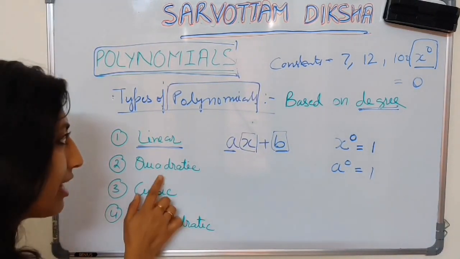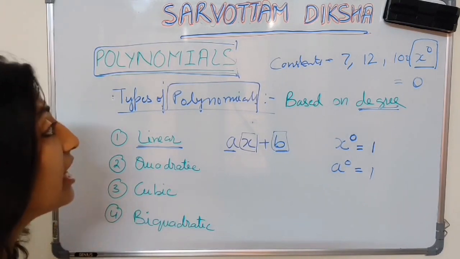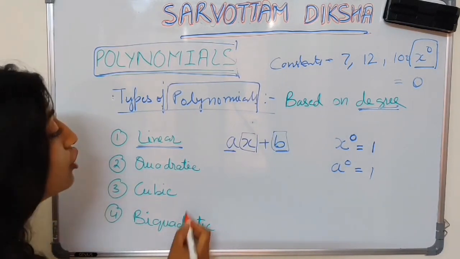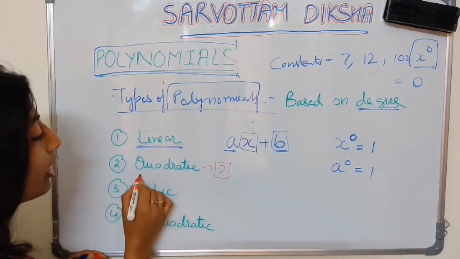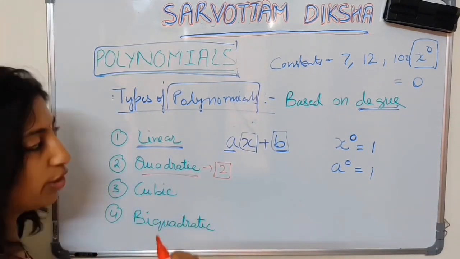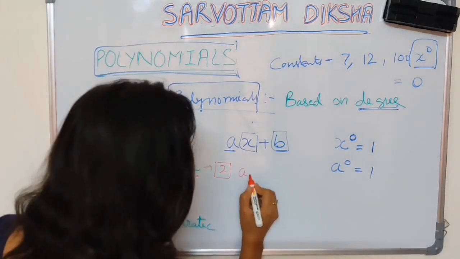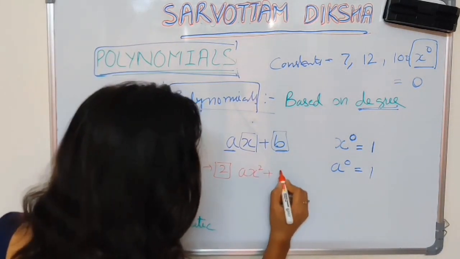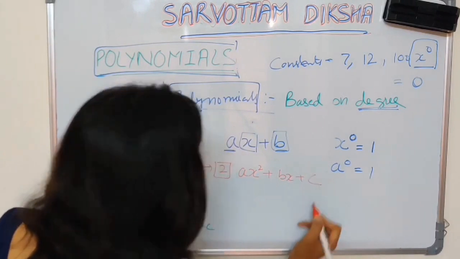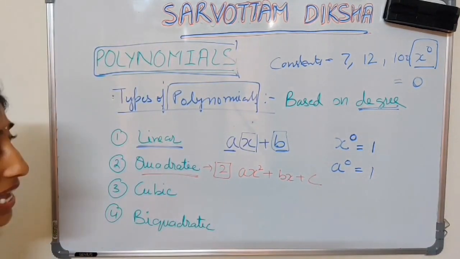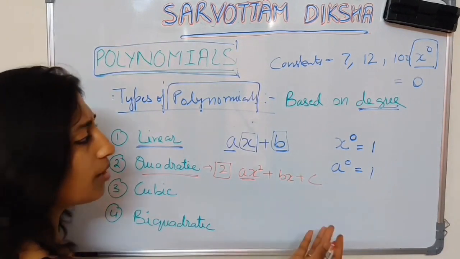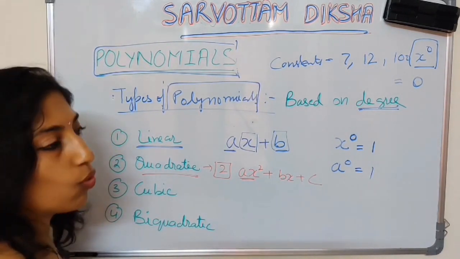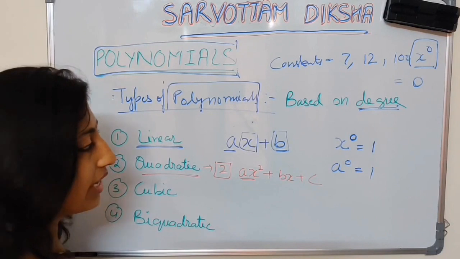Quadratic polynomial. When degree of polynomial is 2, we call it a quadratic polynomial. The standard expression will be ax^2 plus bx plus c. Why? Maximum degree can be 2 only. So there can be 2 more terms which are lesser than 2, that is 1 and 0.